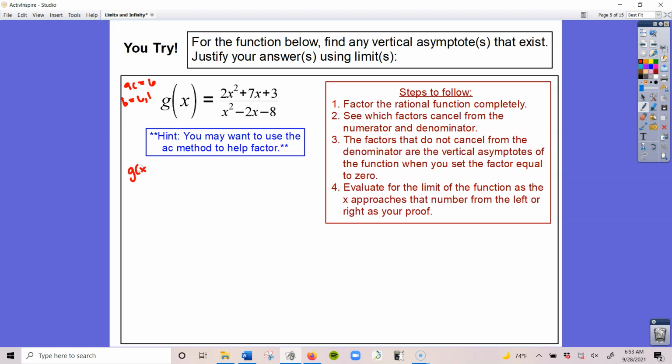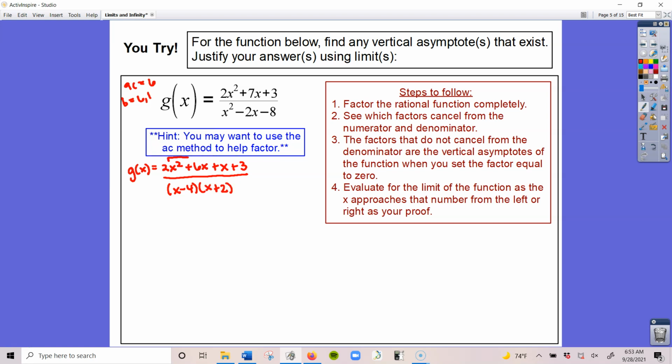So g of x is going to equal 2x squared plus 6x plus x plus 3 over, now I'm just going to go ahead and factor this out already while I continue to do the work for the numerator. X squared minus 2x minus 8 can be factored as x minus 4, x plus 2.